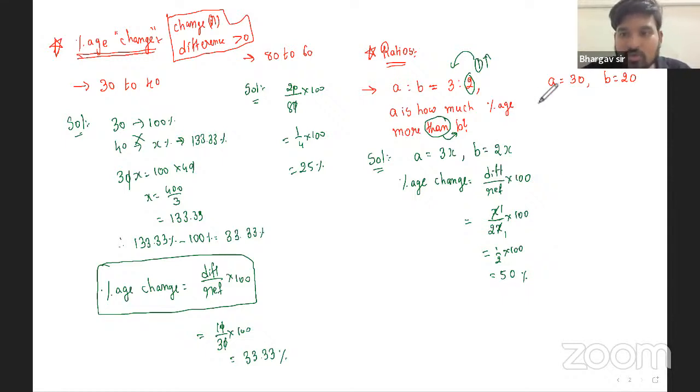Now if I ask the same question, A is how much percentage more than B? Again, it will be the same, right? Percentage change is given by difference upon reference. What is it? 10 upon 20 into 100, which is 50 percent.